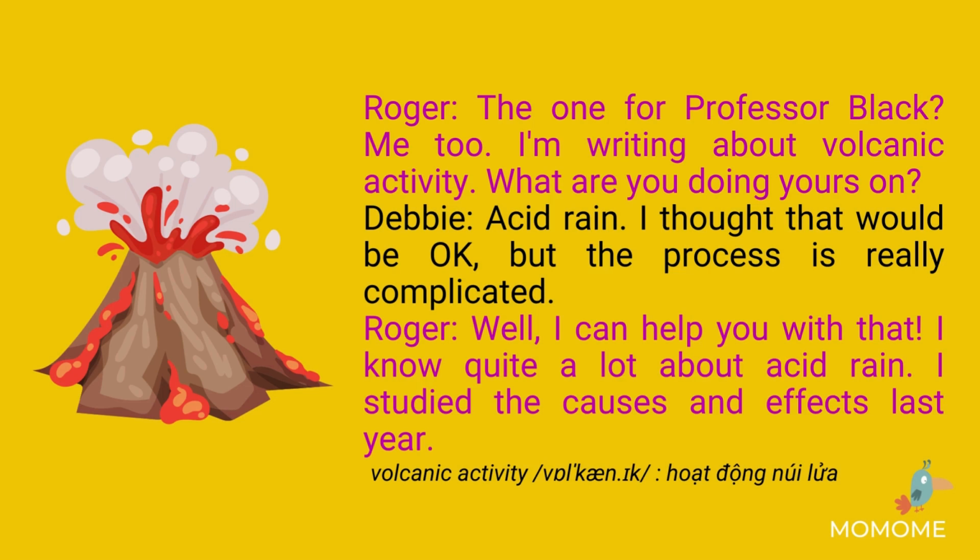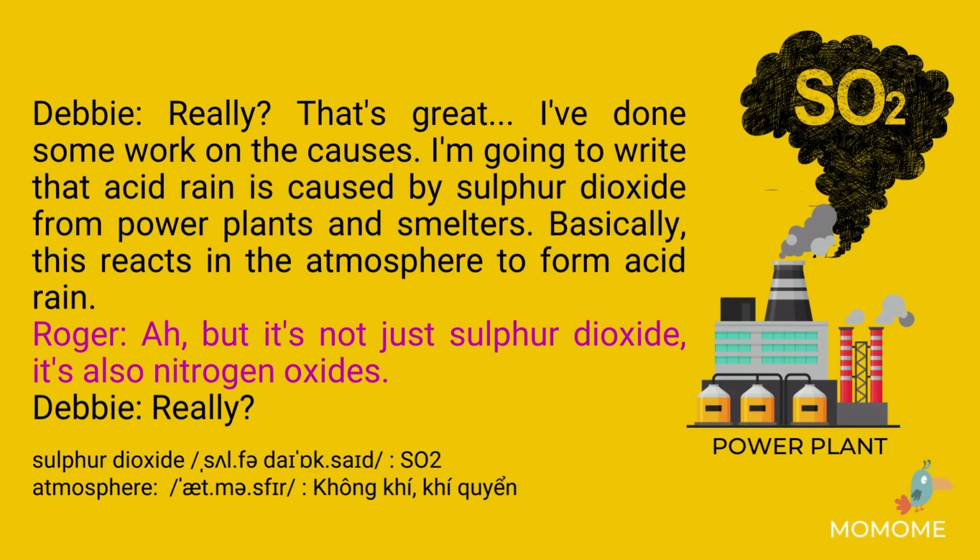Well, I can help you with that. I know quite a lot about acid rain. I studied the causes and effects last year. Really? Oh, that's great. I've done some work on the causes. I'm going to write that acid rain is caused by sulfur dioxide from power plants and smelters. Basically, this reacts in the atmosphere to form acid rain.